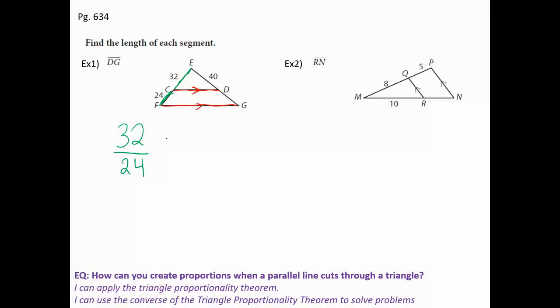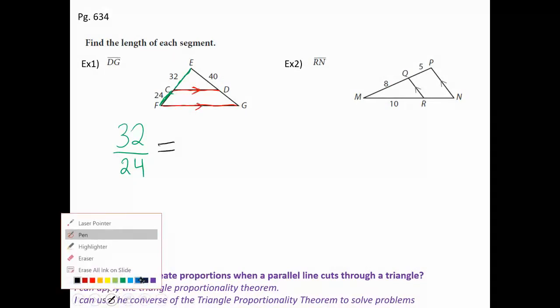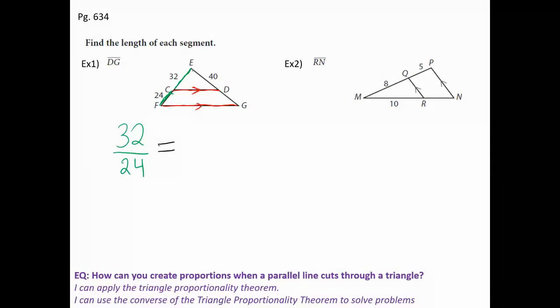And we're going to set it equal to this side, 40, over this side. And notice we don't know what that length is. That's what we need to find. So I'm just going to label it x because we do not know how long that is. And that is why it says find DG.